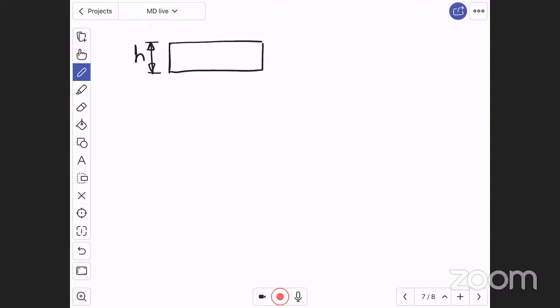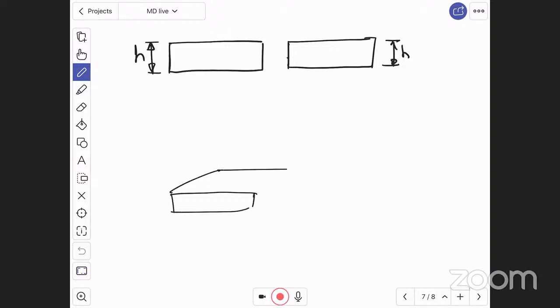Right. Now the two plates are kept at some distance apart from each other. Like this is the first plate, and the other plate is at some distance from the first plate, like this.